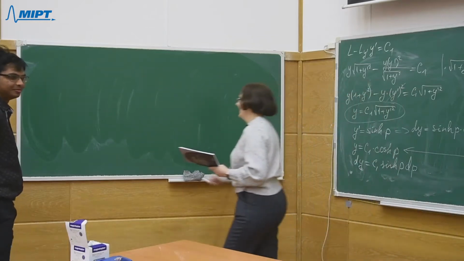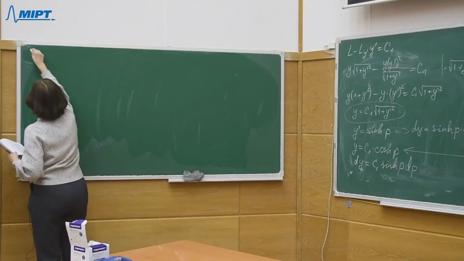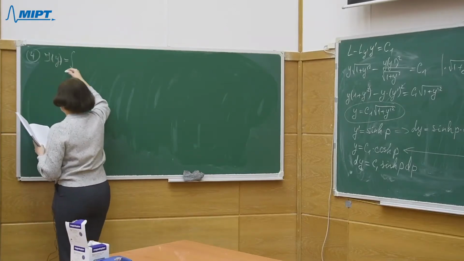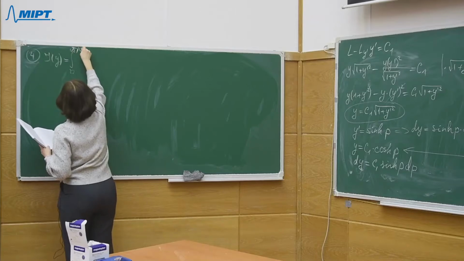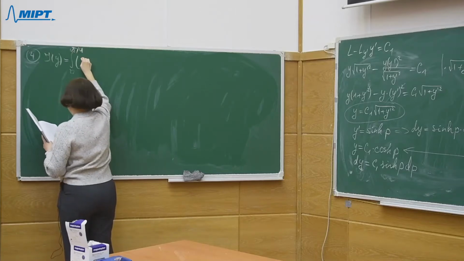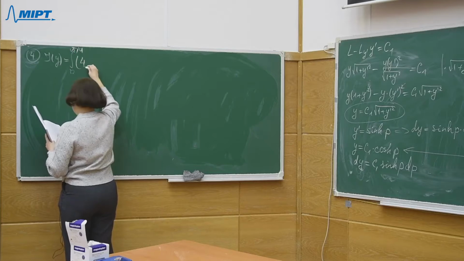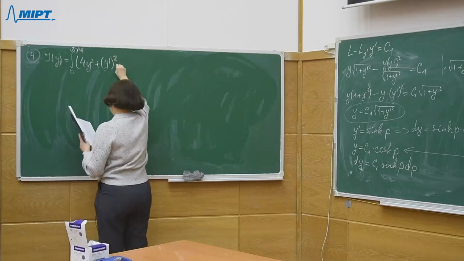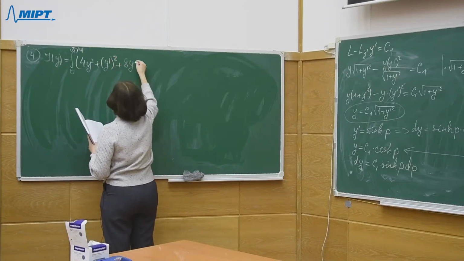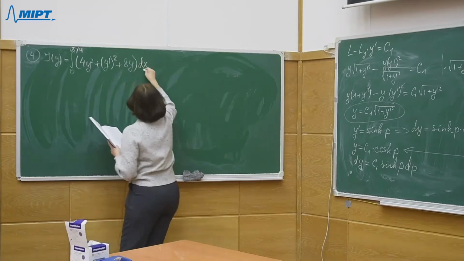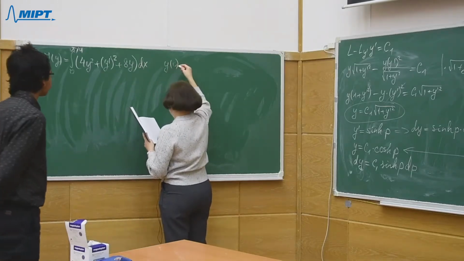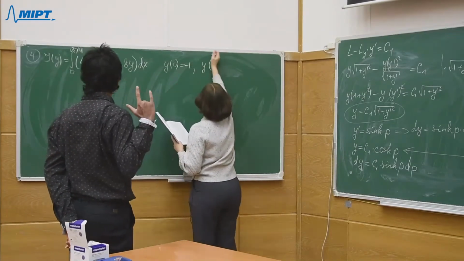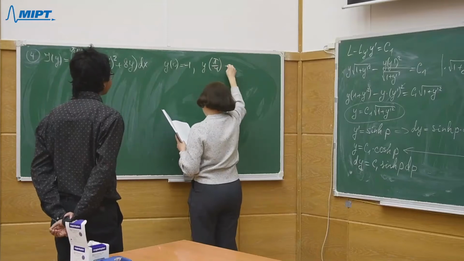So let it be task number 4 from here. G of y. You need to minimize the following: the integral from 0 to pi over 4, dx, with the condition y of 0 equals -1 and y of pi over 4 is 0.